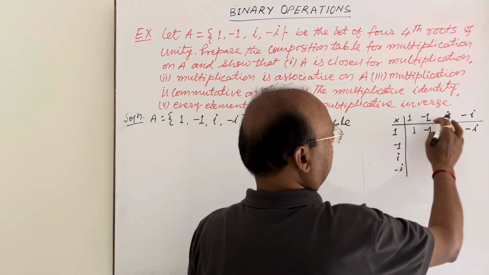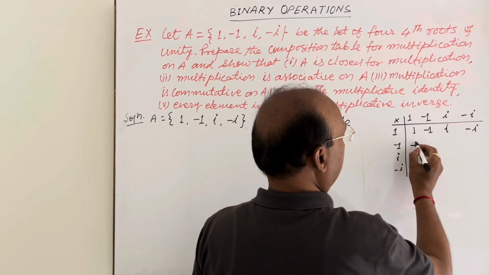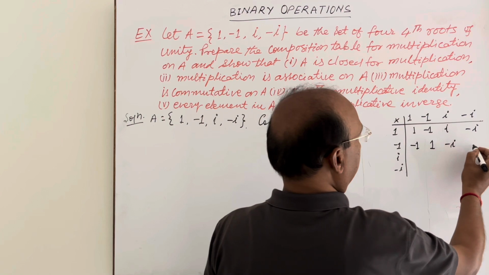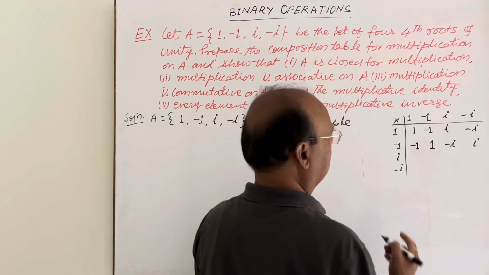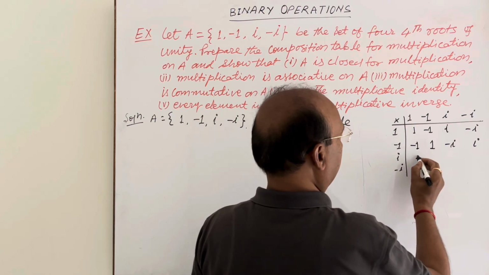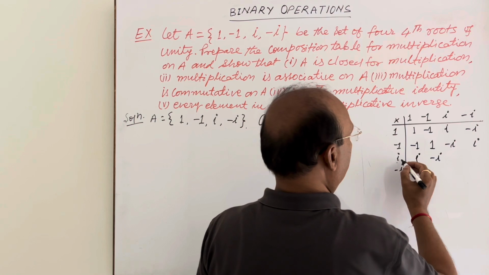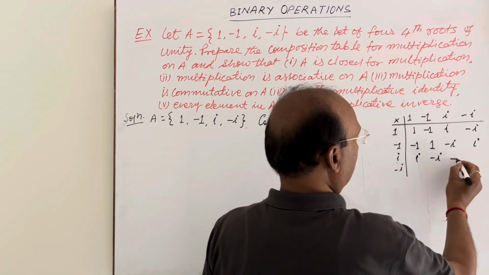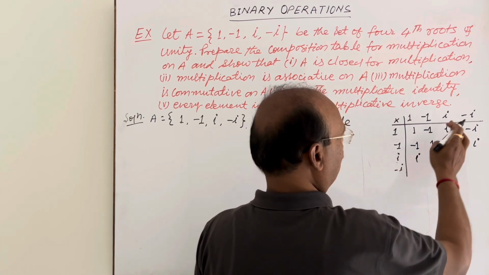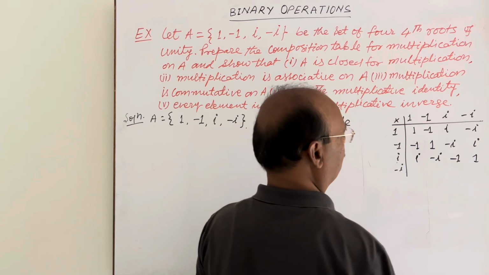Now multiplying all these elements with minus 1, we will get minus 1, plus 1, minus i and plus i. Now multiplying these elements with i: i into 1 is i, i into minus 1 is minus i, i into i, that is i square, is minus 1, and i into minus i is minus of i square, that is plus 1.